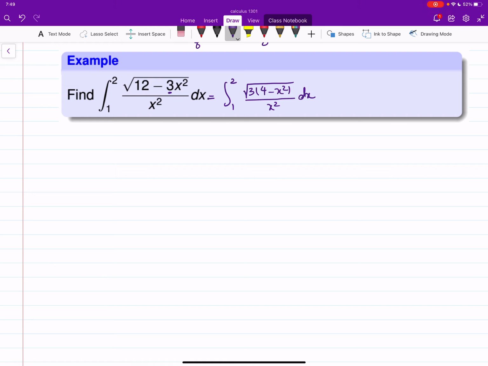In that case, I can take out that root 3, and now you see that I have root of 4 minus x squared over x squared dx.